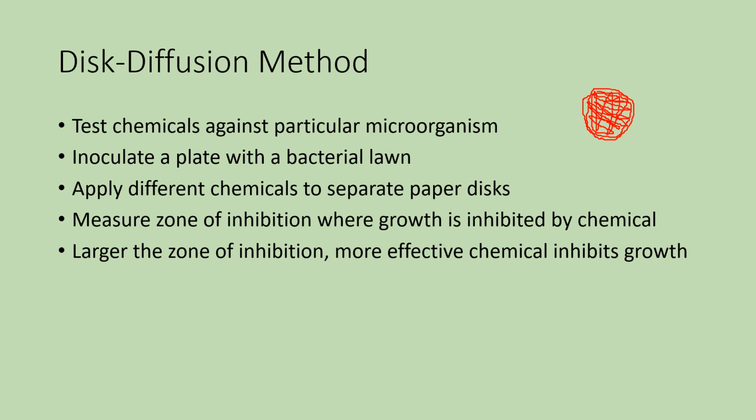And then, before you incubate it, you are going to take these little paper discs. What we use for the disc is, when we hole punch papers, we keep the little shards, those little paper tabs. You dip it in your chemical, and then you put those little paper tabs on the plate.